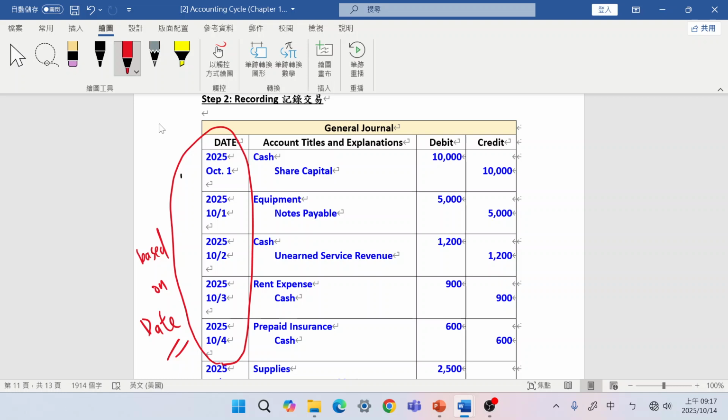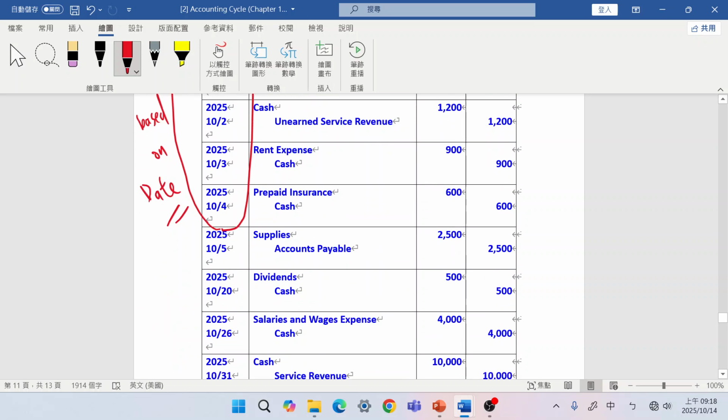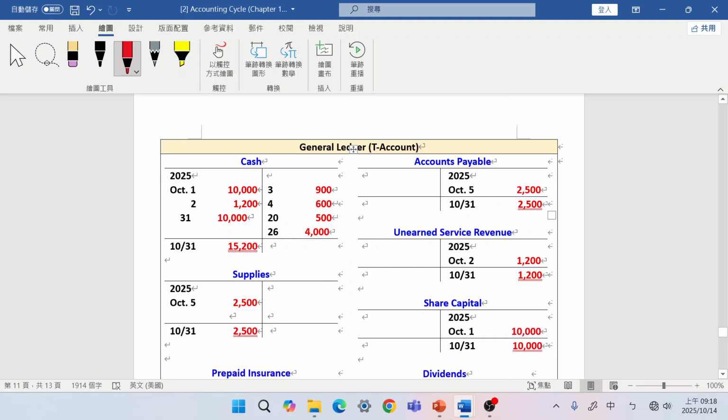So after the first book, the problem is you cannot answer manager's questions anytime, right? So in order to answer manager's questions anytime, in order to keep your jobs, that's why we need a second book. So what's our second book? T account ledger, right? So T account ledger is our second book.